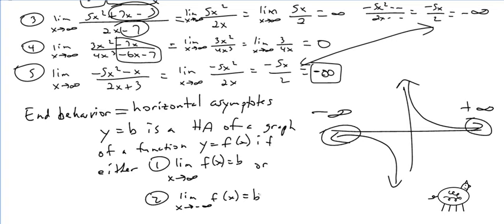Okay, so let's talk about what I wrote here. End behavior is the horizontal asymptote. That's your horizontal y equals b, the value that the limit goes to as x approaches infinity. Whether it goes to infinity or negative infinity, it goes to b.